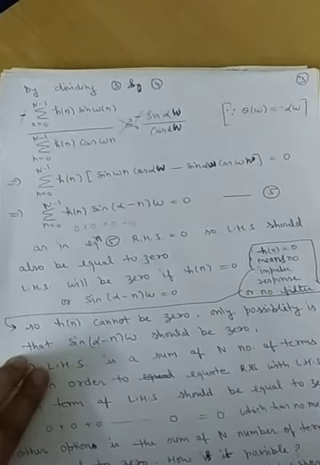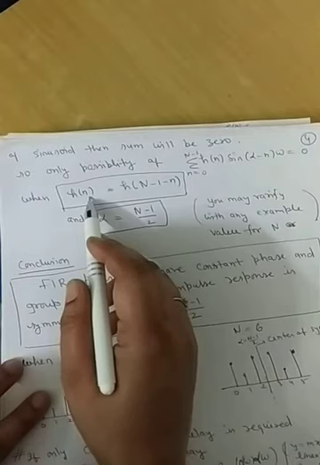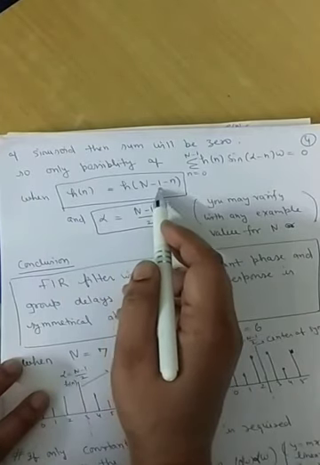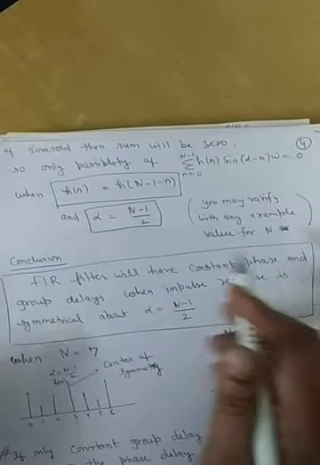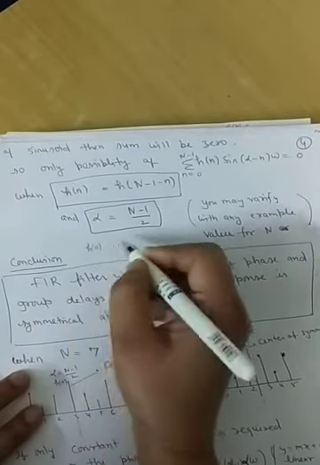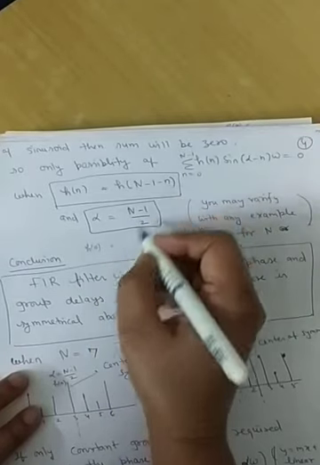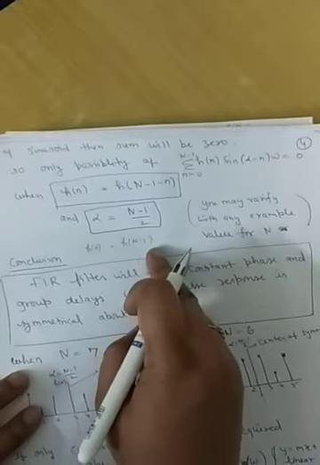So the conclusion from this point is that h(n) and h(N minus 1 minus n) means just opposite terms. When you put small n equal to 0, you will get h(N minus 1), means the first term and the last term.